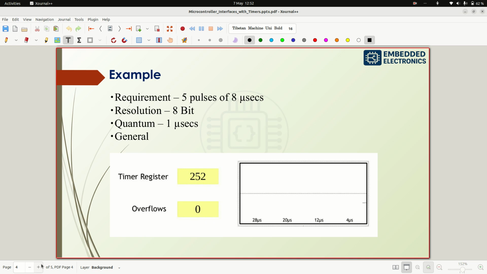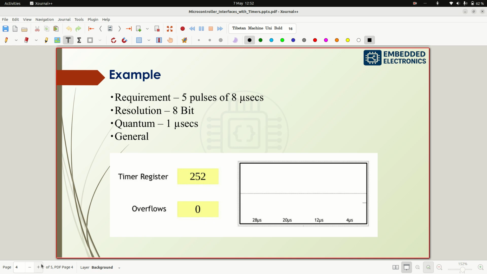After 4 microseconds, what will happen? Control goes to the ISR. There is one more thing. After 255, rollover happens to 0. Now again it starts counting 0, 1, 2. There is one more issue here. So how to solve this?